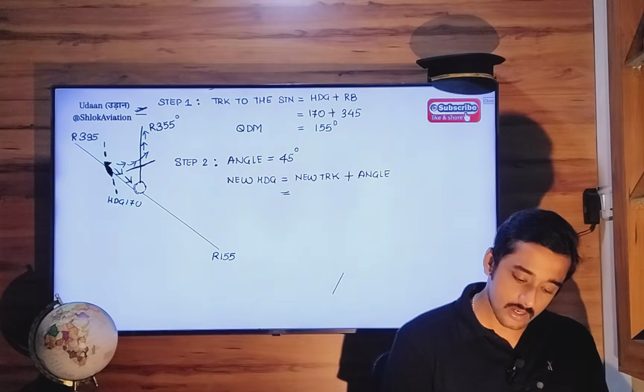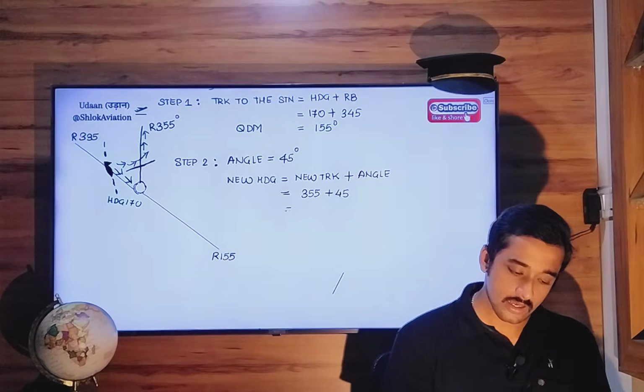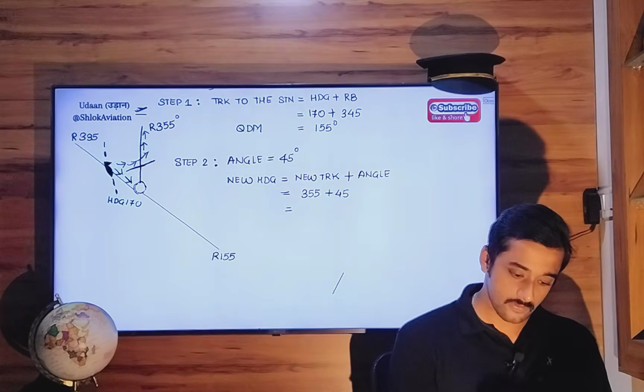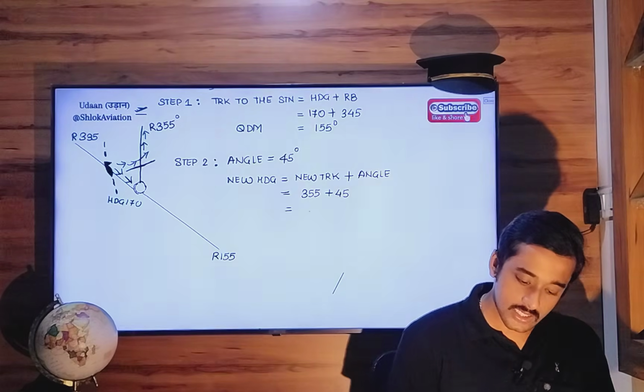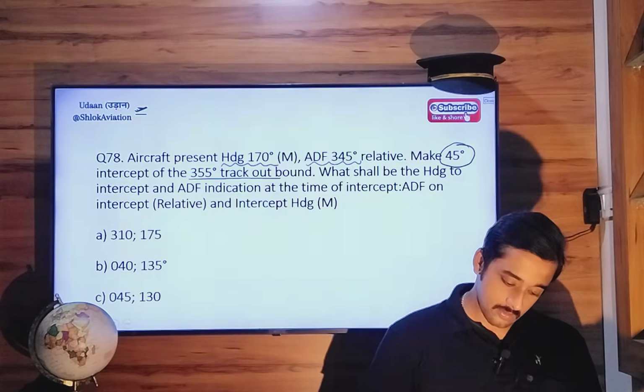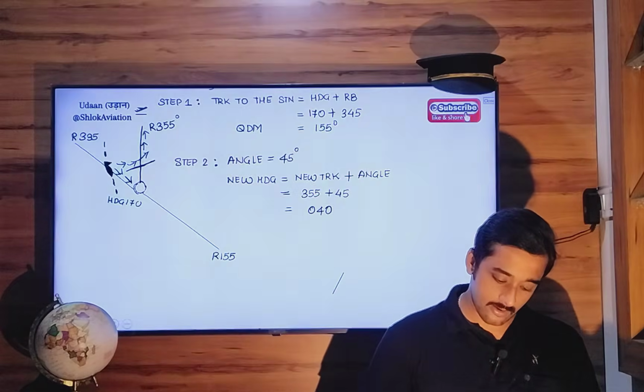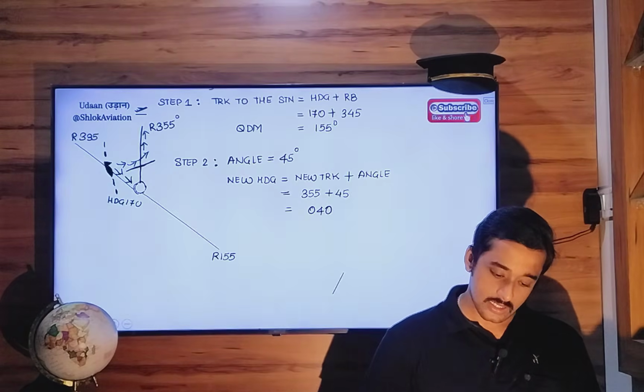What is the new track? 355. Angle given is 45 degree. So 355 plus 45 is 400 minus 360 is 040. That means the new heading of your aircraft will be 040.